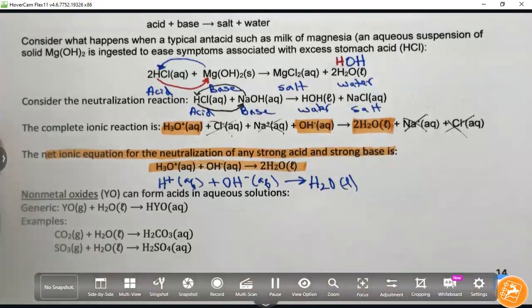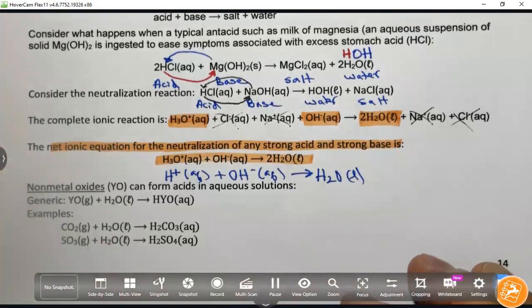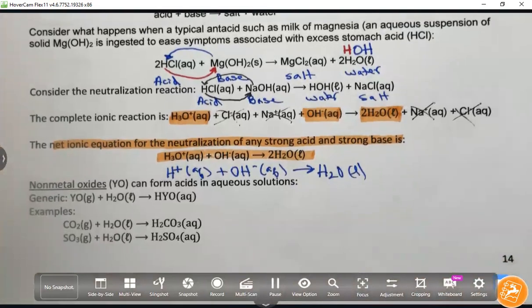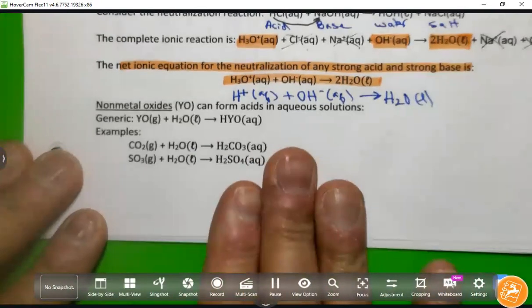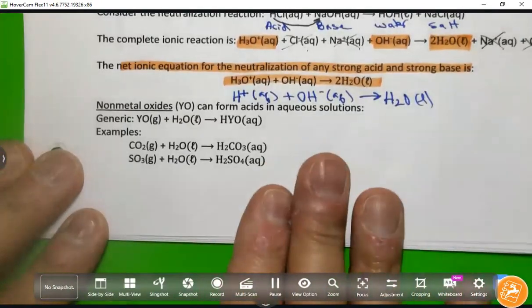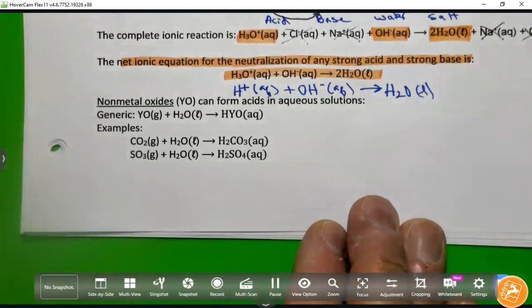Okay. All right, now I think we're getting to the end of OWL. The last part of OWL in chapter 3, part 2 goes through reactions. So it looks like this.